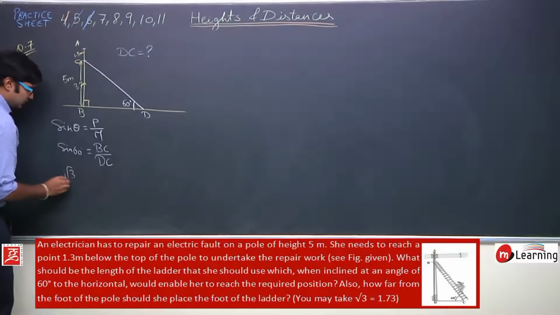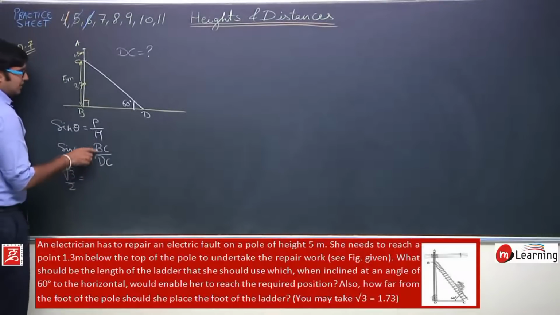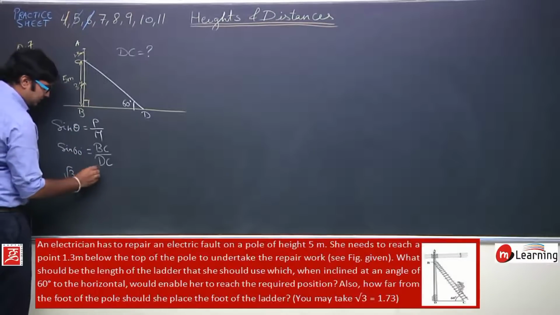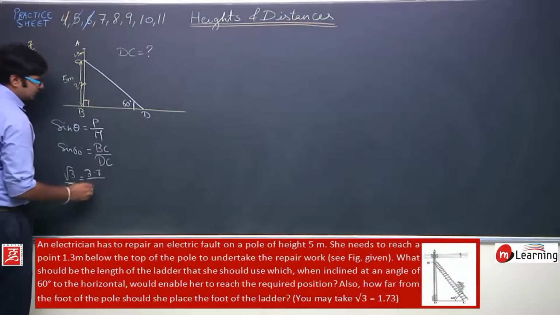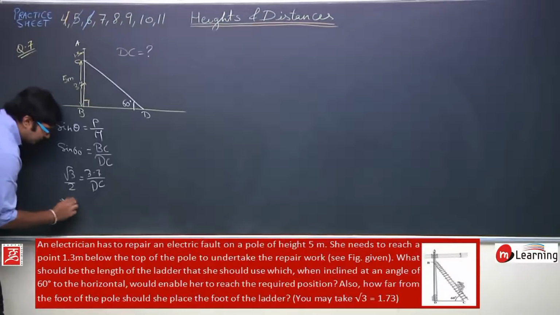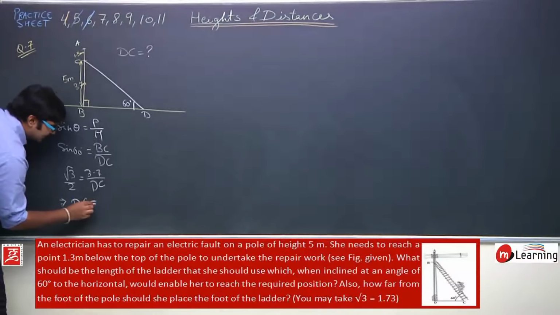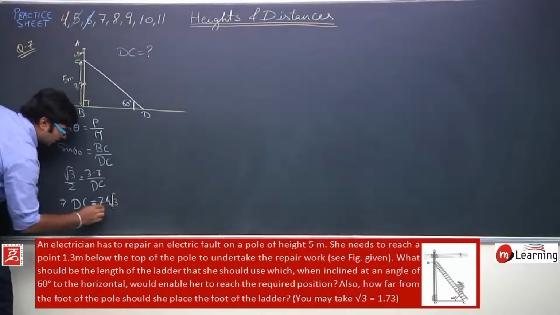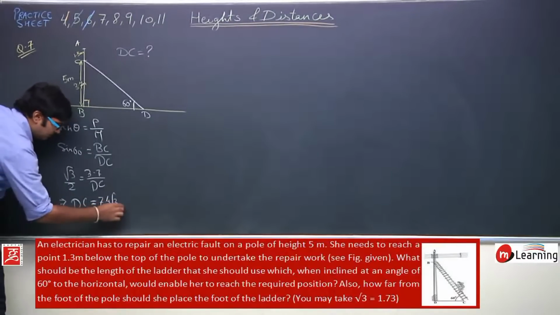Sin 60 degrees is root 3 by 2, which is equal to BC, which is 3.7, upon DC. The length of DC is unknown. So the length of DC will become 3.7 into 2, that is 7.4 upon root 3, that is 7.4 root 3 upon 3 meters.